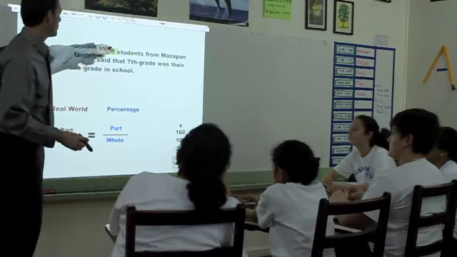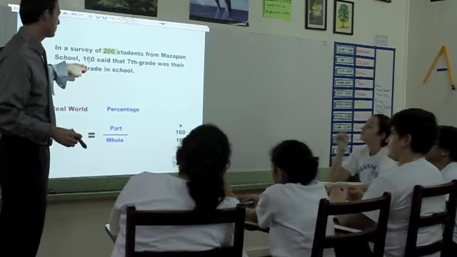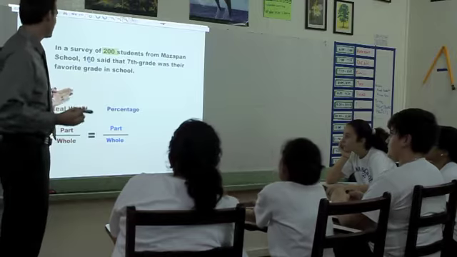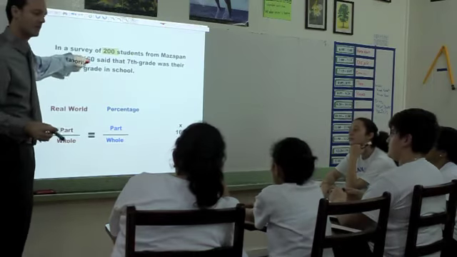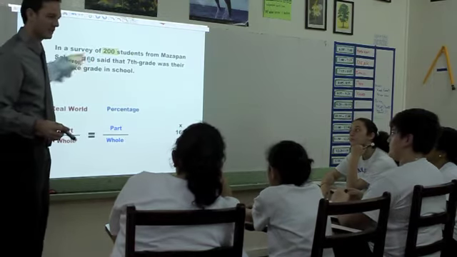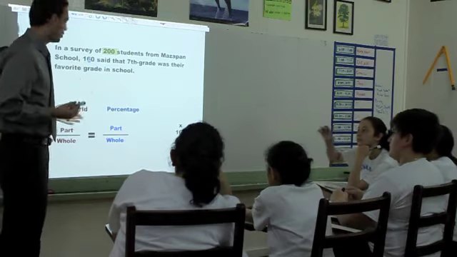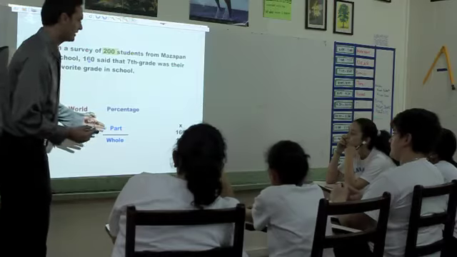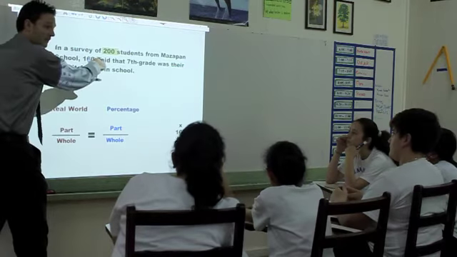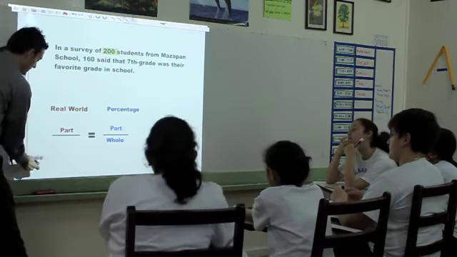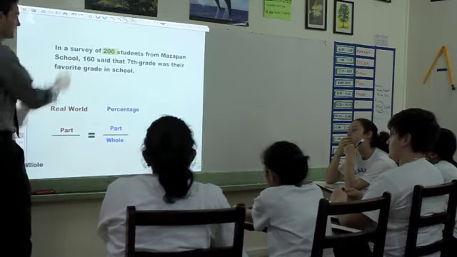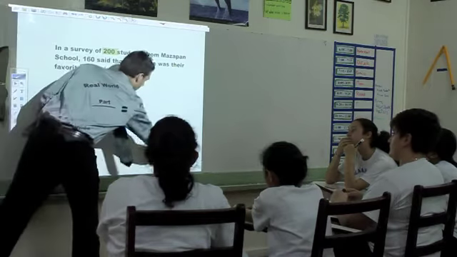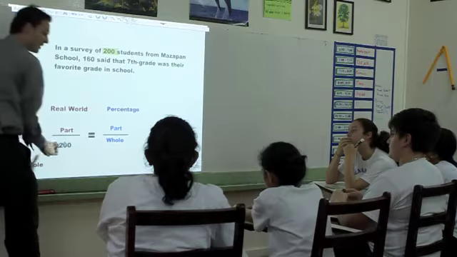Okay? So we have our real world numbers right here, 200 and 160. We want to find out what percentage of 200 is 160. That's our goal. And the way we're going to do that is we're going to put these numbers in the right place. This is the real world. You all told me that the whole was represented by 200, right? So when we set this proportion up, we're going to bring the 200 there.